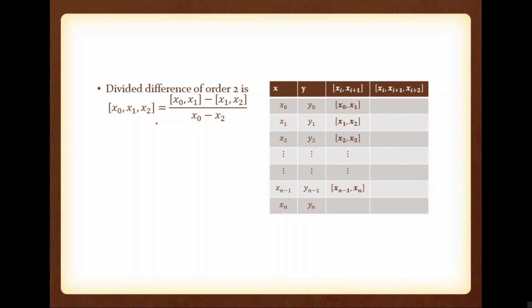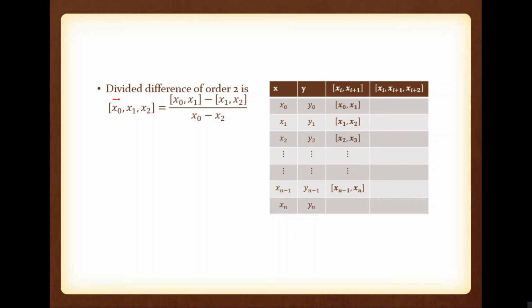This is the divided difference of order 2 corresponding to x0. So from the expression point of view, you can remember this.